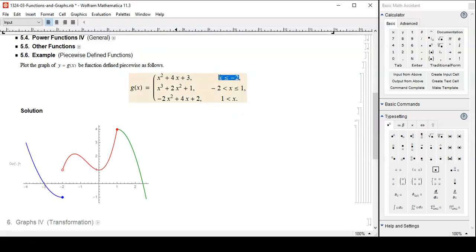You see, when x is less than or equal to -2, we have this function, which I highlight in blue, and between -2 and 1, we have this red function, and then when x is greater than 1, this green function. In this particular case, red and green merge together, no discontinuity, but between blue and red we have a jump.